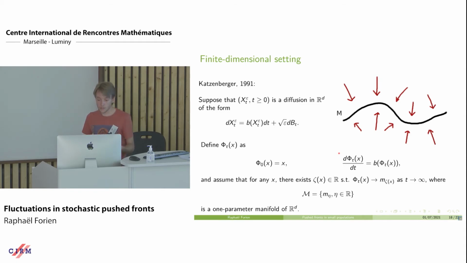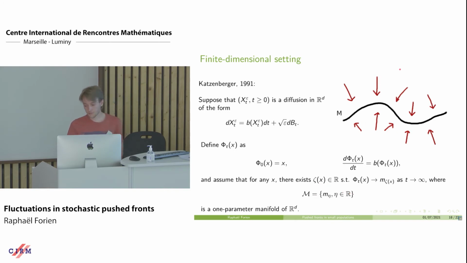And let's assume that b is such that if I start from any point x, then phi t of x converges to something that I'm going to call m zeta of x, and where this belongs to a one parameter manifold, submanifold.